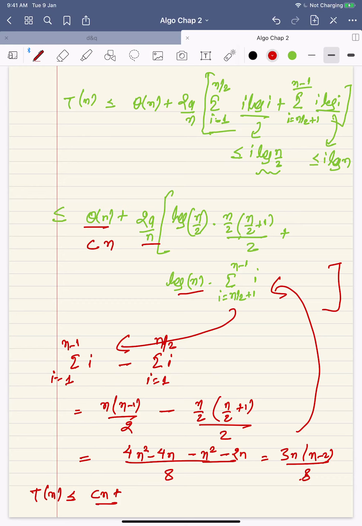I think we can use a trick here. We can replace this log n by 2 with log n minus log 2. So in this case log n will be common, so 2a by n log n, and we have to add this and this. You will say that I just got this by subtracting this minus this.